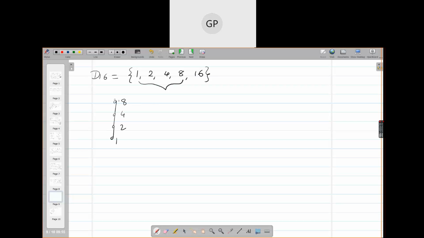So one more is added here, 16. So D16 is also a toset, a totally ordered set, because its Hasse diagram is a chain. Basically, whenever D of 2 raised to n comes, it is always a toset.